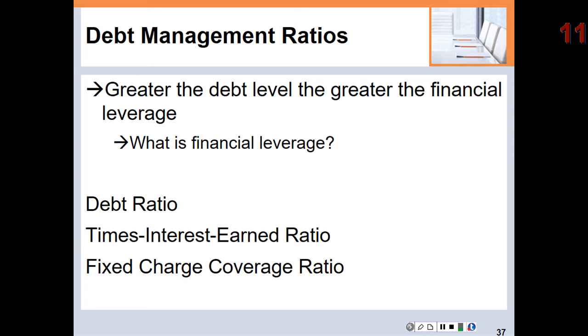Utilizing borrowed money to magnify your gains or losses. Okay, so what does that mean? Let me show you a sample of leverage.